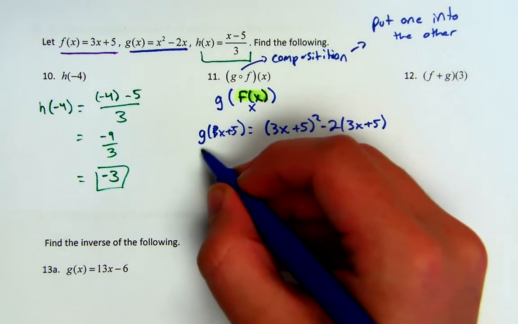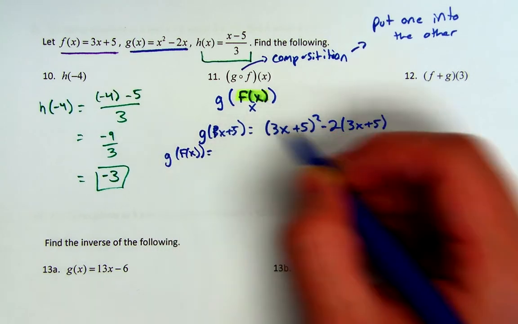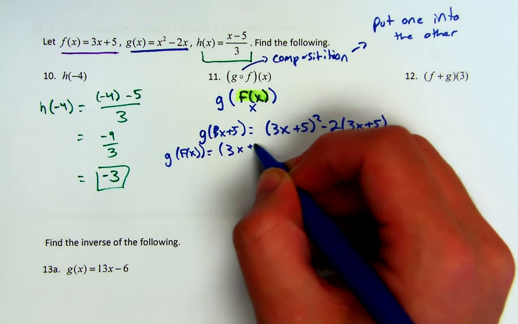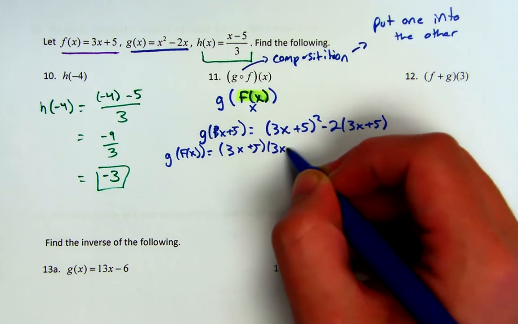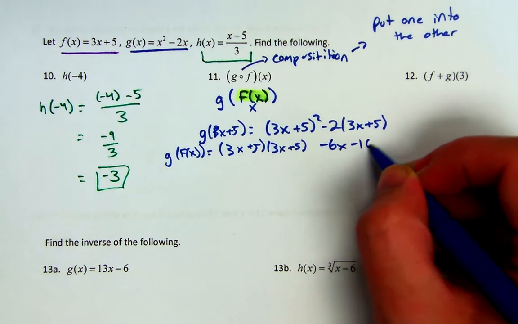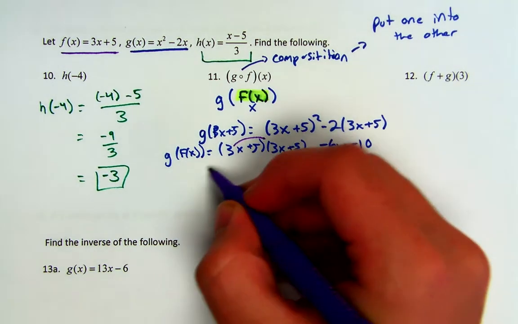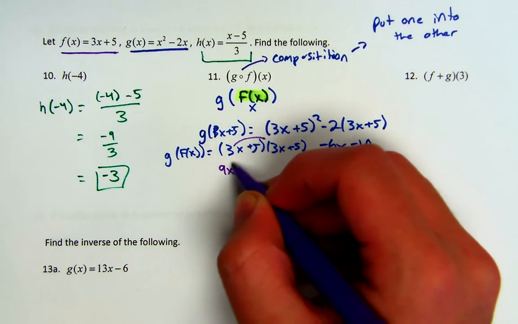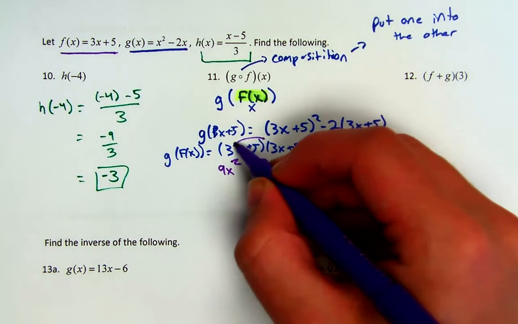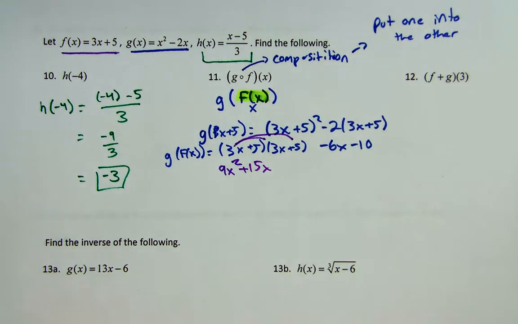I've got to expand this, so I'm going to actually move this over. g of f of x equals (3x plus 5)(3x plus 5) minus 6x minus 10. Now here I need to FOIL, so I need to do 3x times 3x, I get 9x squared. 3x times 5, I get plus 15x.